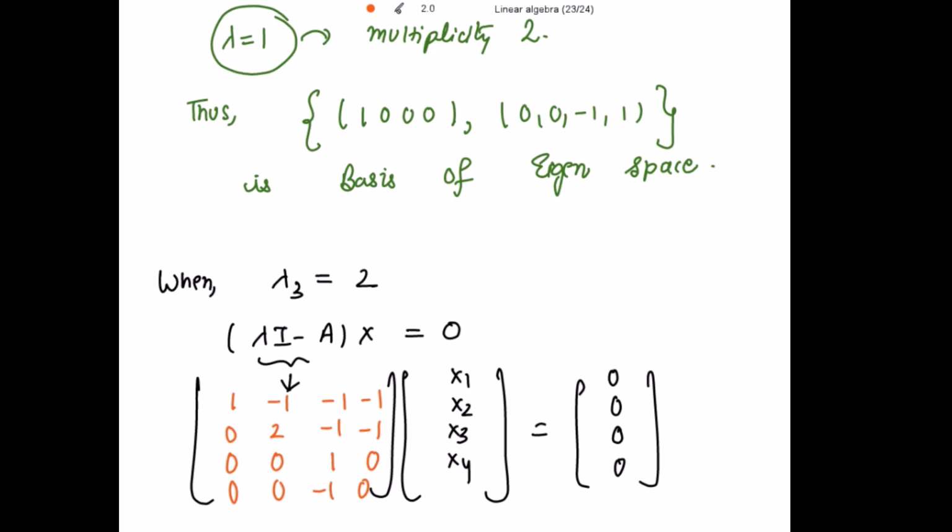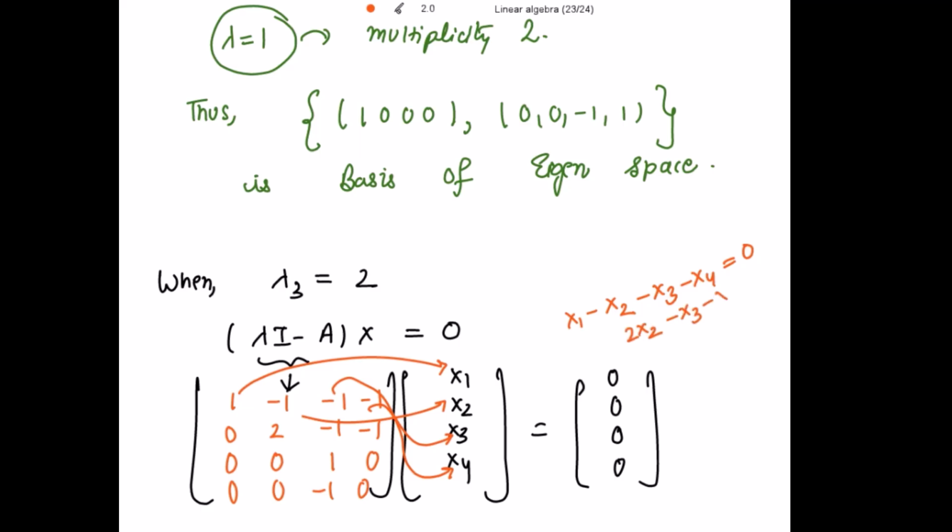So now the first equation becomes 1 into x1 plus minus 1 into x2 plus minus 1 into x3 plus minus 1 into x4 equals 0, right? Similarly, the second equation becomes 2x2 minus x3 minus x4 equals 0, and then x3 equals 0 and minus x3 equals 0.